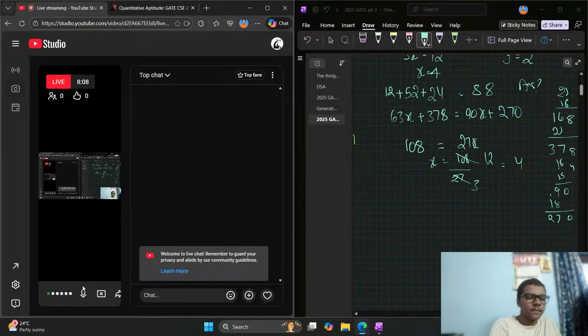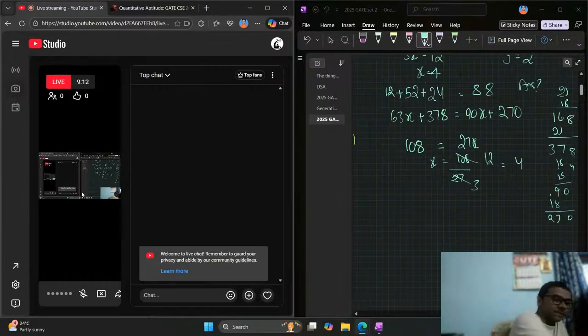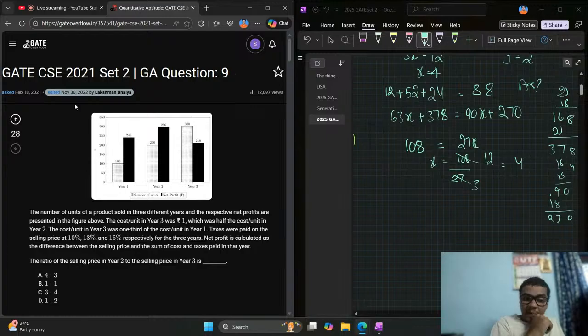The number of units of a product sold in 3 different years and respective net profits are presented in the above figure.